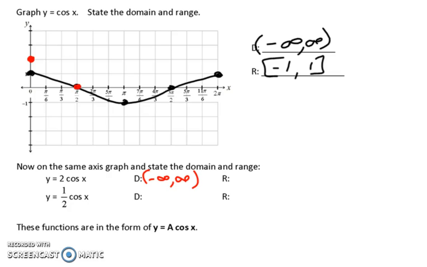Instead of being at (pi, negative 1), we'll be at (pi, negative 2). (3 pi over 2, 0) doesn't change. And (2 pi, 1) now becomes (2 pi, 2), because 1 times 2 is 2. So here's our graph. The range is now negative 2 to 2.